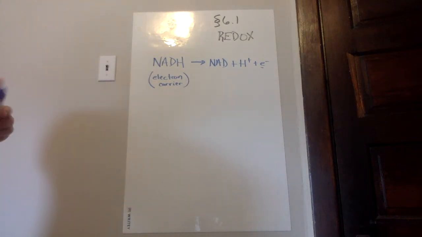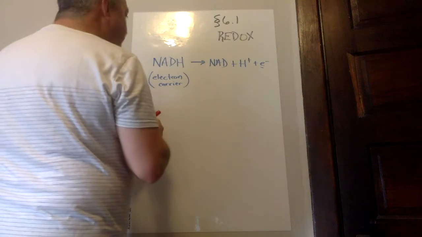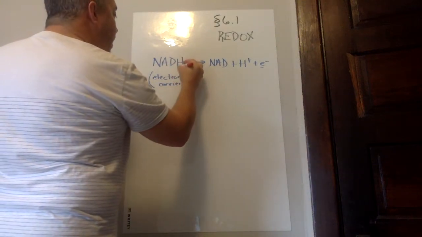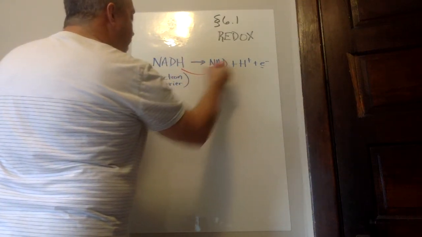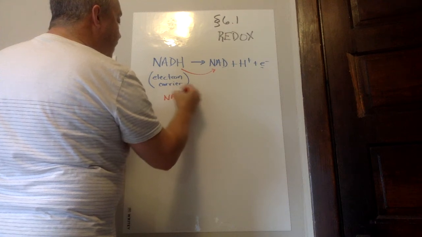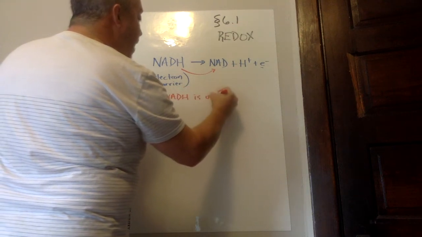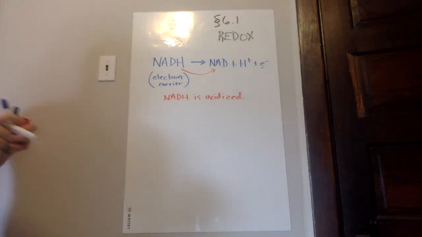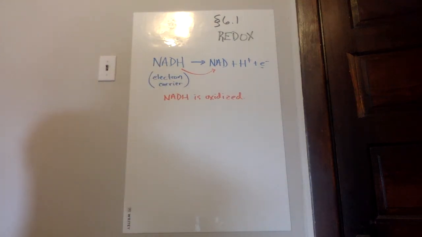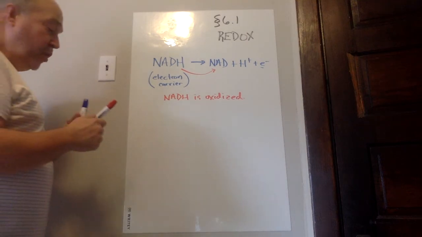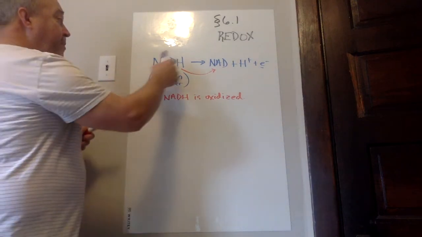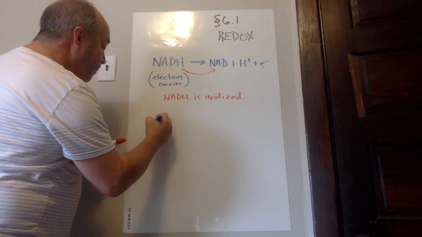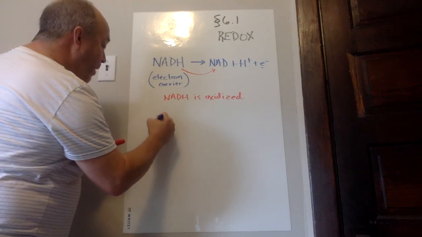So if you lose, in this particular equation, you notice the H goes away. So NADH is oxidized. It has lost hydrogen. You can go the other way too. We can build this molecule from these things. So this is what I said, that they go together.